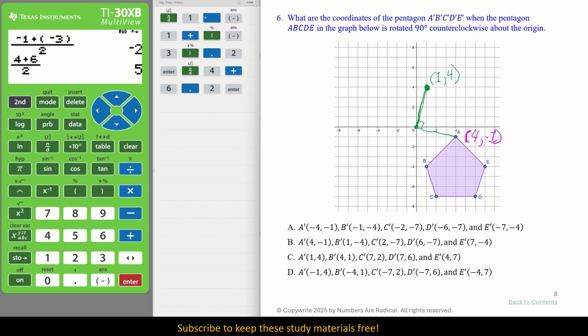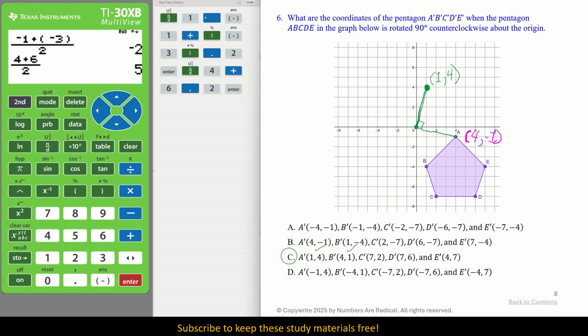So this means we're looking for all positive situations where everything has flipped around. And I'm looking at C. I think C will work. Well, let's double check it. Well, we have 1, 4. Yep, I'll buy that. And then let's see B. B needs to be 4 and 1. Check. So this one checks and this one checks.